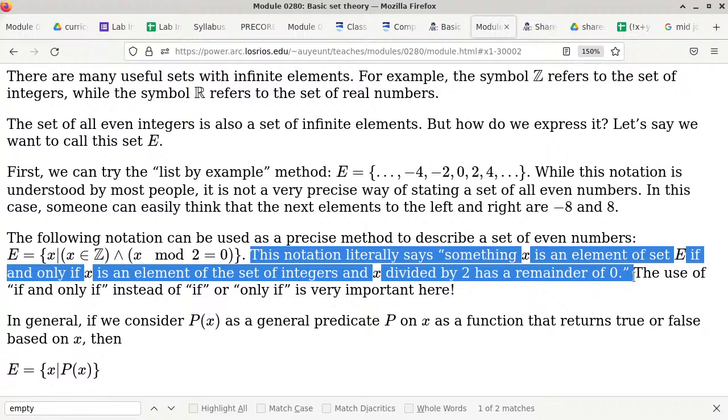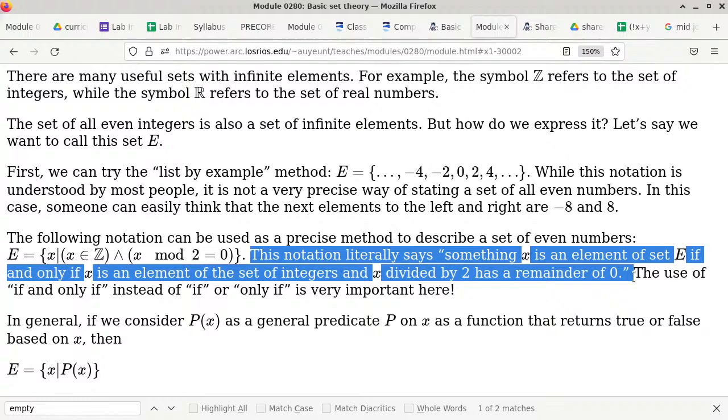If I change the sentence so that it is blah, blah, blah, if blah, blah, blah, okay? That means if x is an integer and is divisible by 2, or if you divide it by 2, you have a remainder of 0, it is a sufficient condition to make x an element of E.